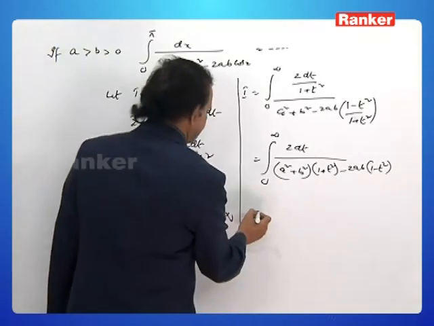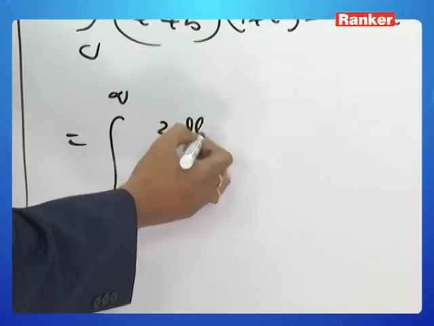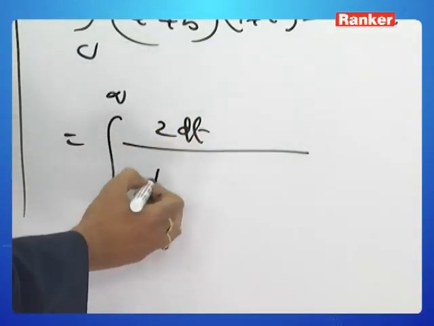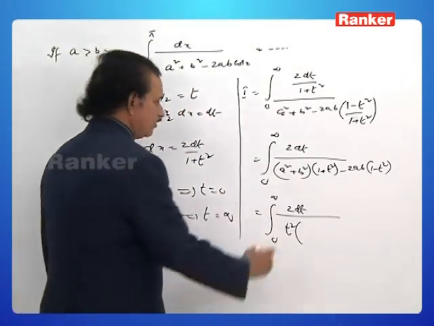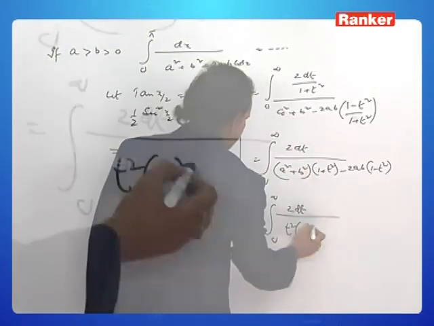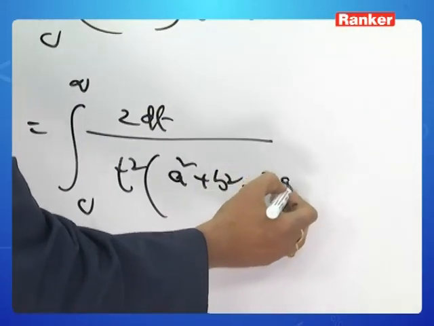Again, this is equal to integral 0 to infinity 2 dt by, take t square out. T square into a square plus b square plus 2ab.